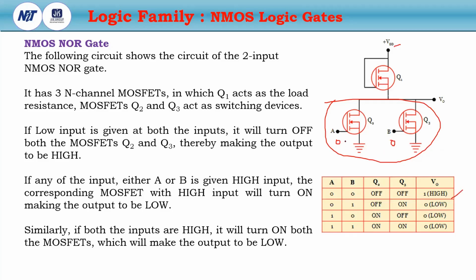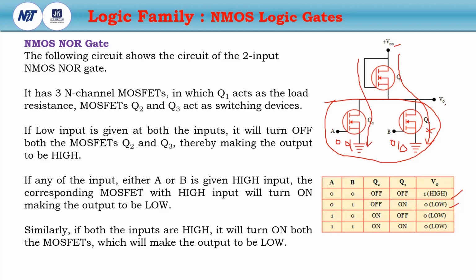Now if any one of these transistors will be turned on, then what happens? Any one. So then the current will be produced like this. If this is on, then the V0 will be reduced to 0. So then we will get the logic 0. Now if 1, 0, then the current will be produced like this.